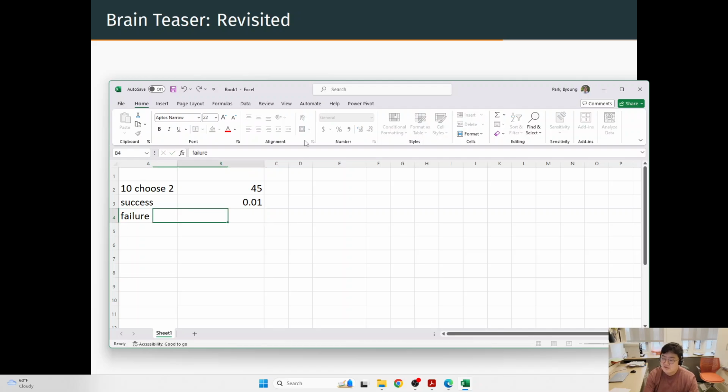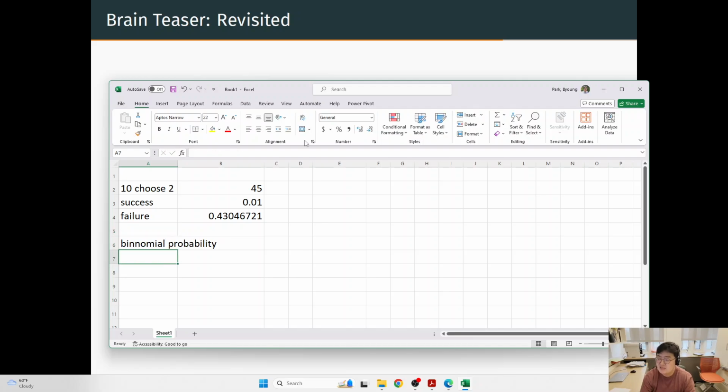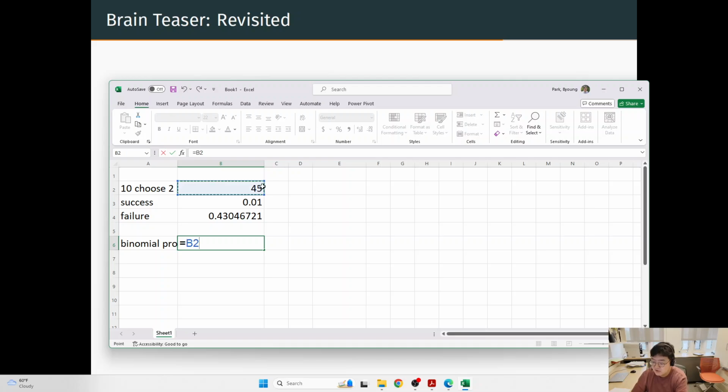And failure happens, the failure probability is 90%, but out of 10 reservations, only 2 are canceled, so there are 8 non-canceled tickets. So you have to calculate 0.9 to the exponent of 8. The failure probability to the exponent of the number of failures, like this. And the final binomial probability is the multiplication of all these.